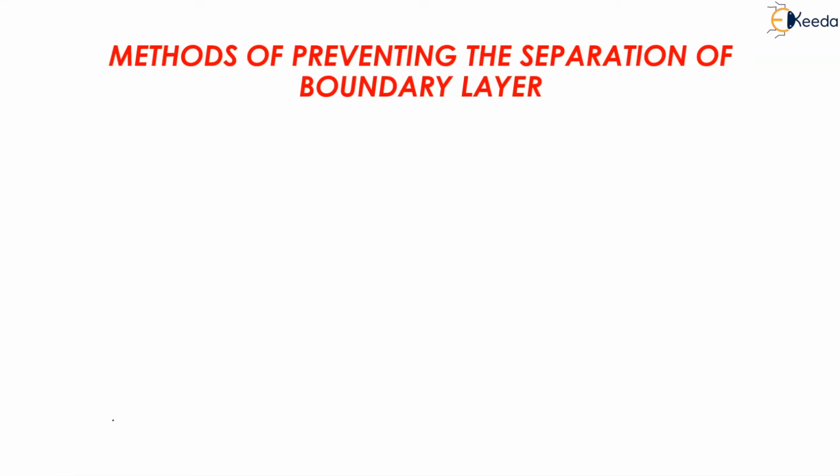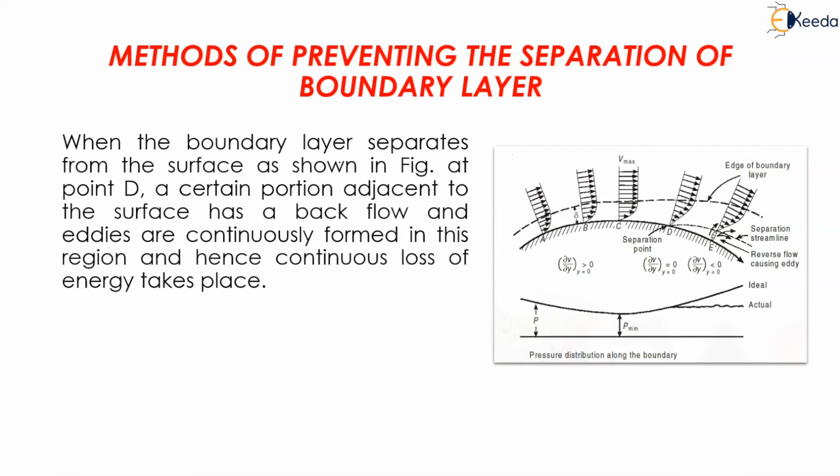Now let's learn about the methods for preventing the separation of the boundary layer. When the boundary layer separates from the surface, as shown in the figure, at point D, a certain portion adjacent to the surface has a backflow and eddies are continuously formed in this region, and hence continuous loss of energy takes place.